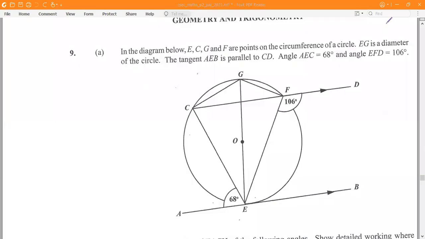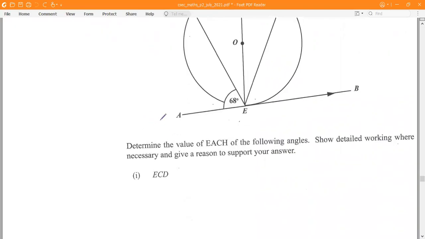Good day, everyone. We are doing number 9 in May 2021, paper 2, CSEC Mathematics. We have a circle theorems question here, and we are given a diagram. We are asked now to find missing angles.